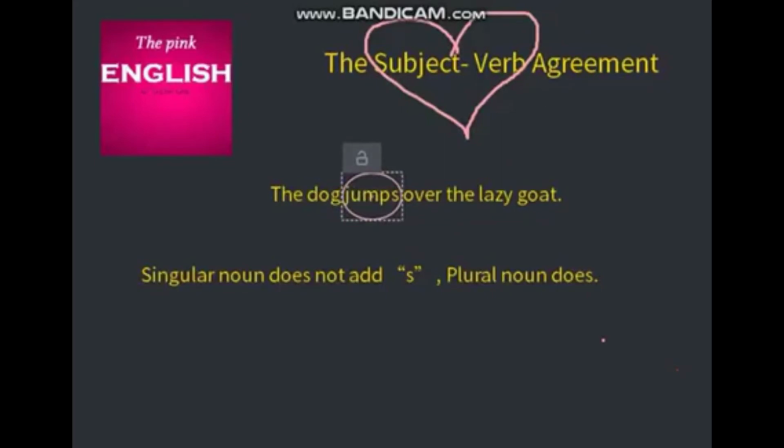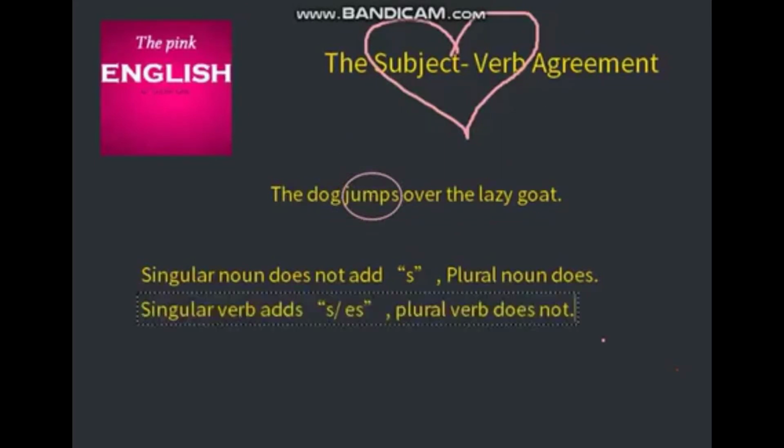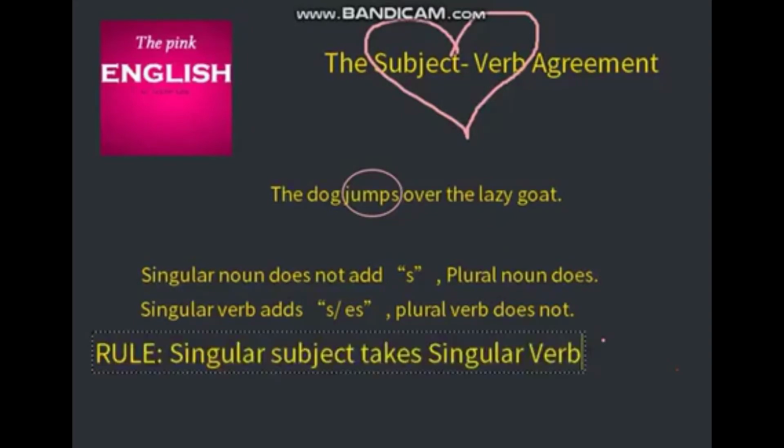Is it singular or plural? Remember, singular verb adds s or es, and plural verb does not. So, is the verb jumps singular or plural? Great, it is singular. Now the rule is simple. Singular subject takes singular verb.